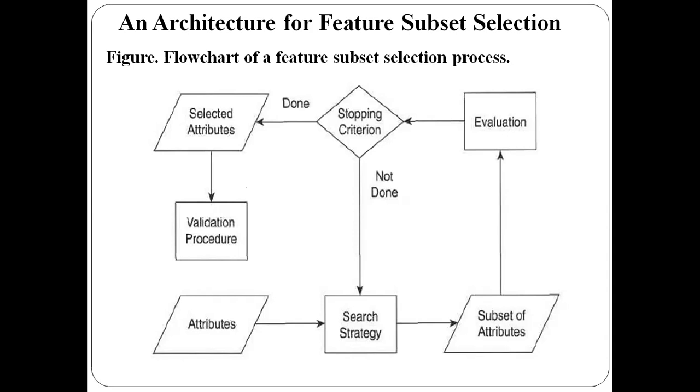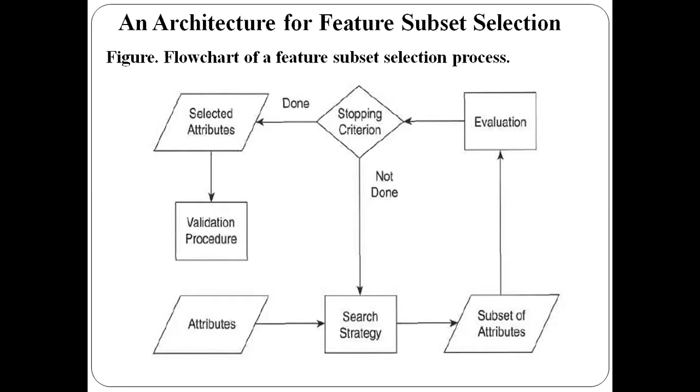The second technique is that we can use different feature selection algorithms. Multiple feature selection algorithms can be used to select subsets of features, and then we compare the results of running the data mining algorithm on each subset.